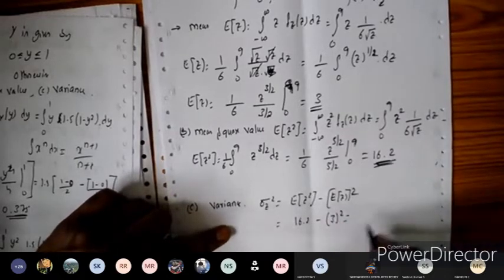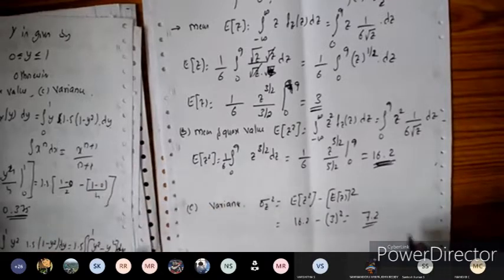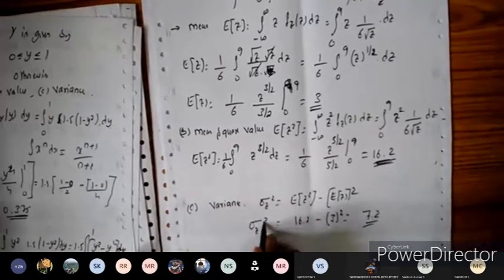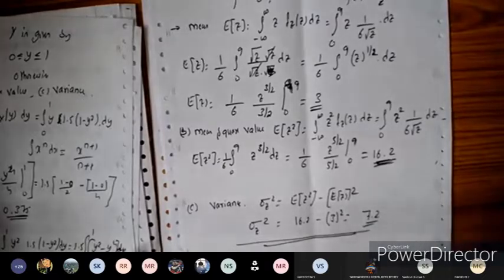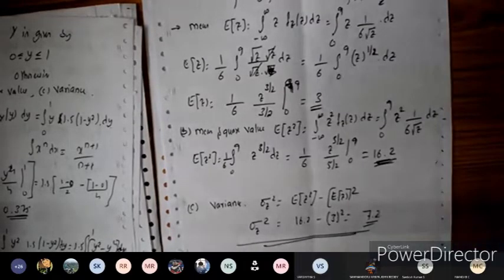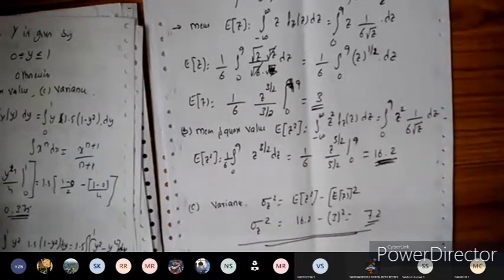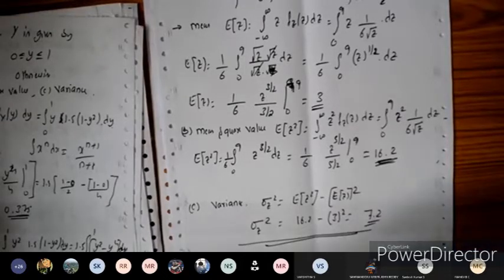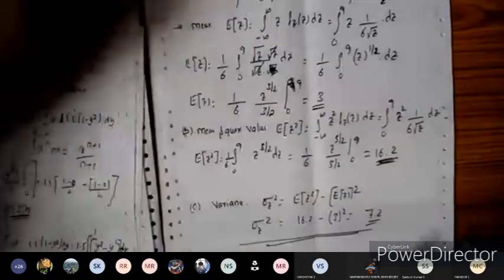So 16.2 minus 9 becomes 7.2. So 7.2 will be the variance. Done, everyone? Got the answer? Yeah, very good. Okay, fine.